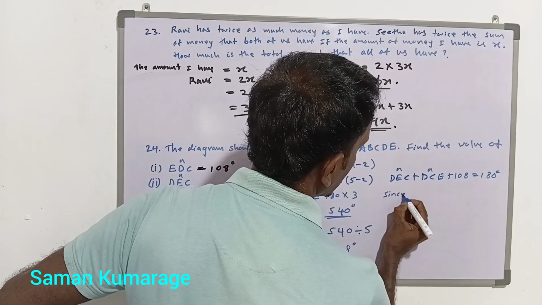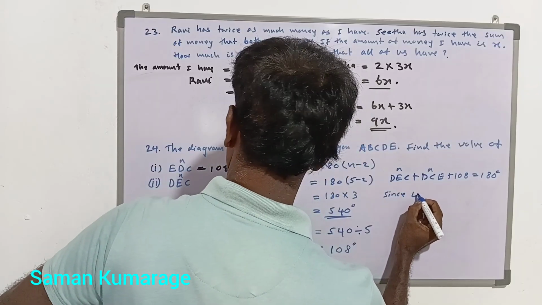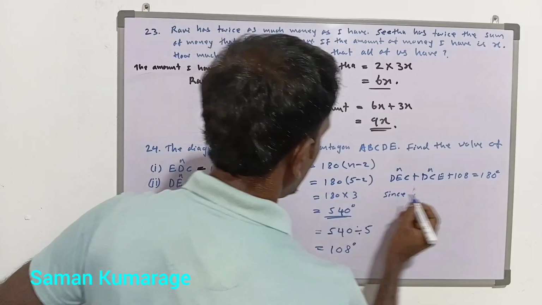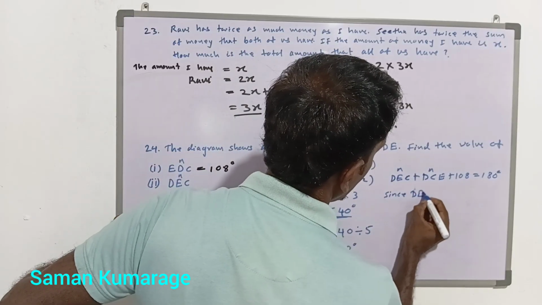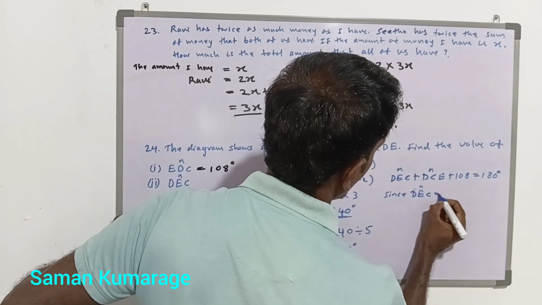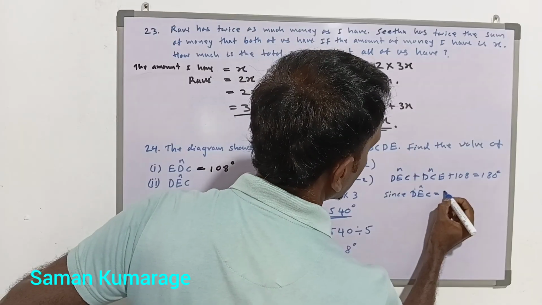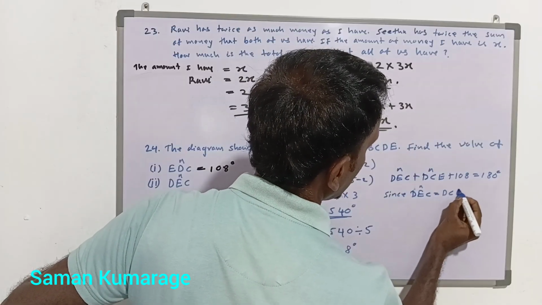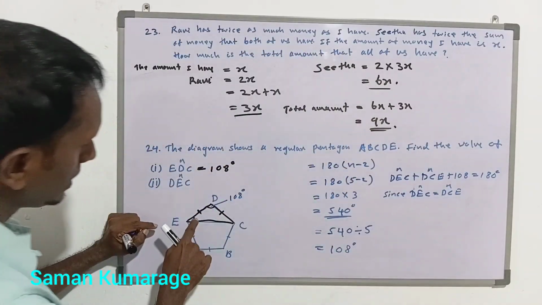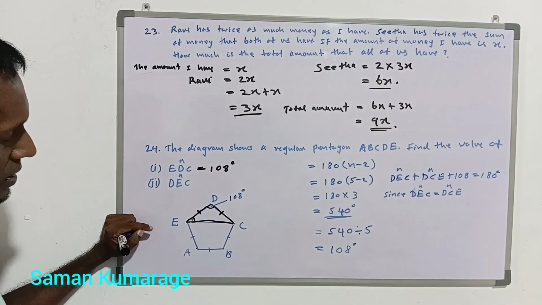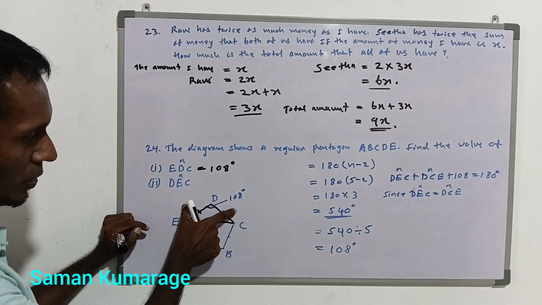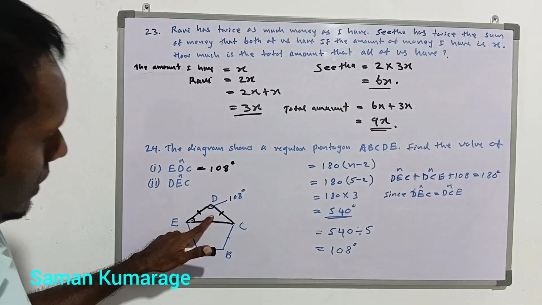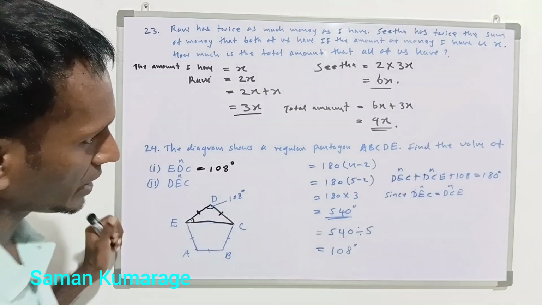Since DEC equals DCE, these two angles are equal to each other, because of the theorem we use in isosceles triangles.